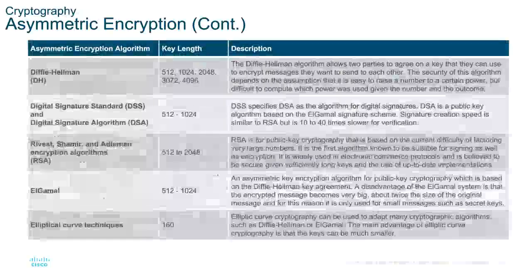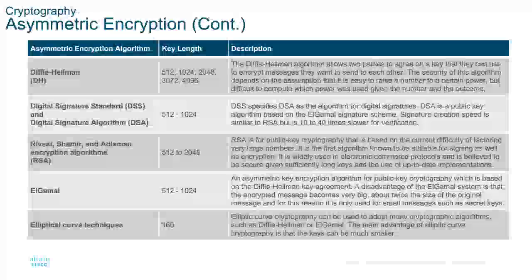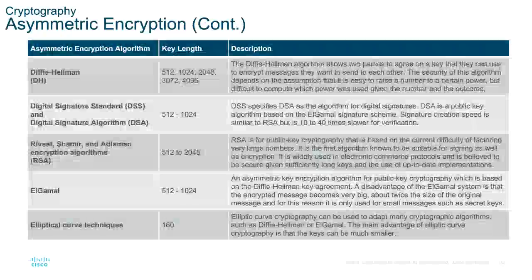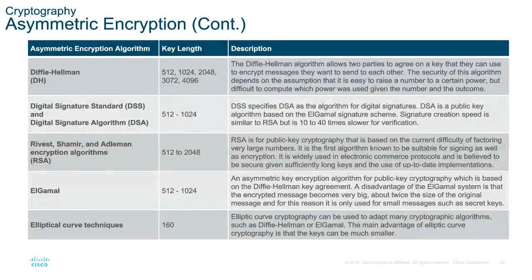And then we come to a different set of algorithms to protect our data. We've got Diffie-Hellman with key sizes between 512 and 4096. Then we've got DSS, DSA, RSA, and ElGamal, and elliptic curve techniques.